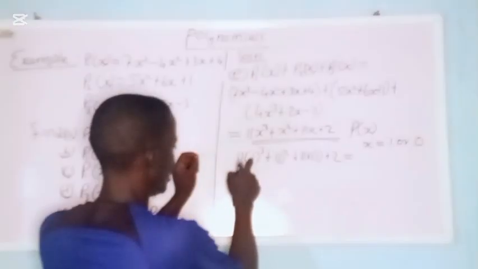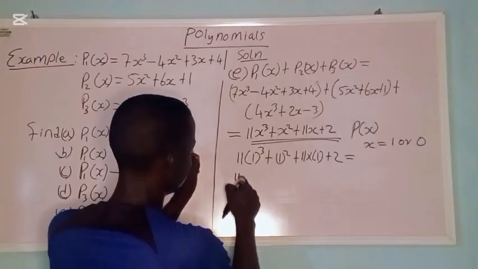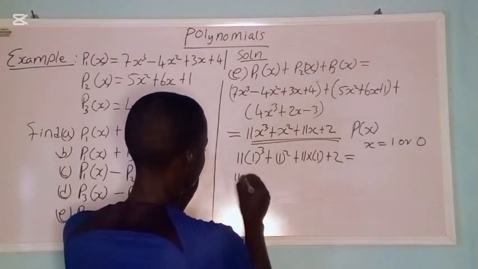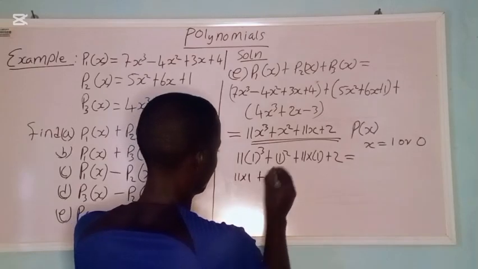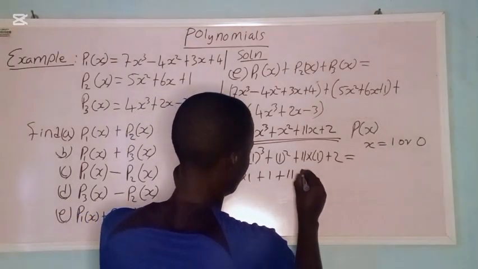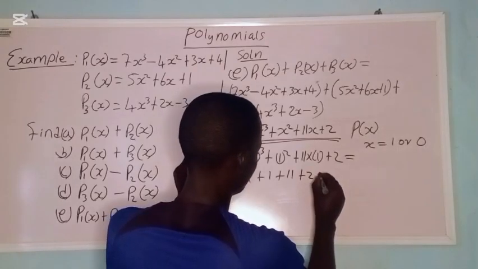So now let's say 11 times 1 cubed, 1 cubed is still 1, plus 1 squared is 1, 11 times 1 is still 11, plus the constant, which is 2, will be equal to.